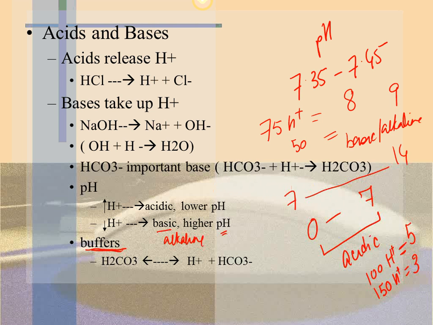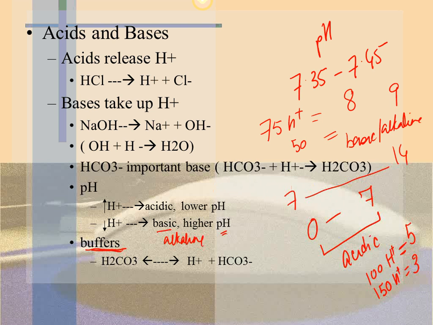Got that? So buffers prevent the pH from changing. They like to keep it in the range. So they either release or mop up hydrogen ions to make sure that the free hydrogen ions floating around are not increasing or decreasing in number.